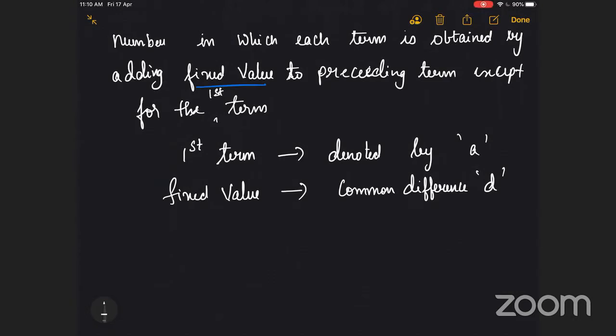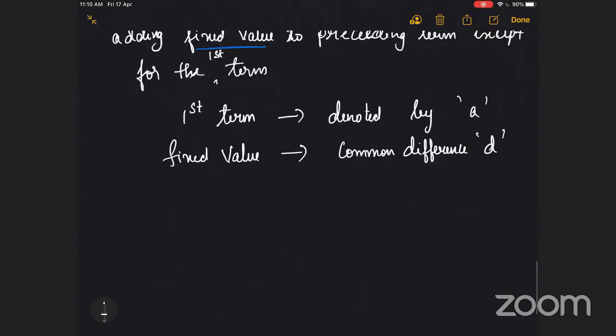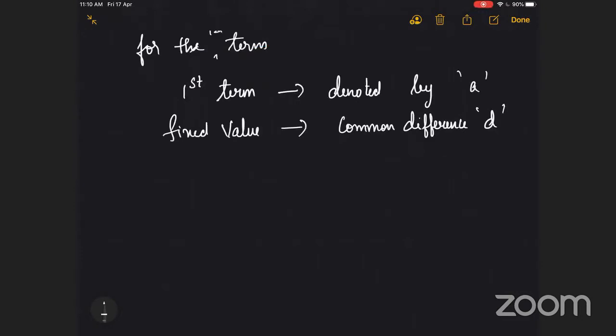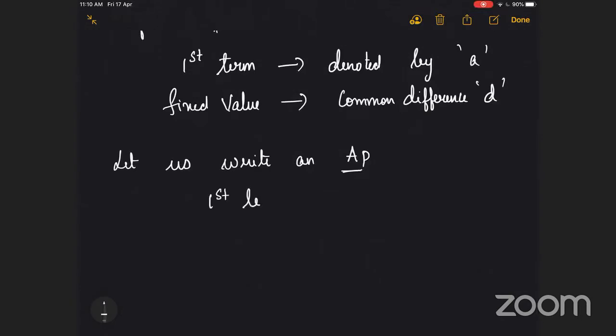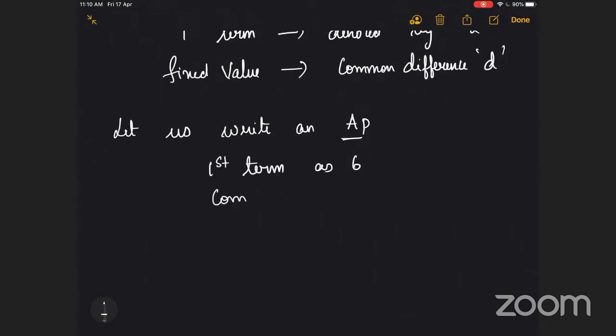Let us see, for instance, let us write an AP. AP is nothing but arithmetic progression. Short form for arithmetic progression is AP. So let us write an AP having the first term as 6, and the common difference equal to 3.